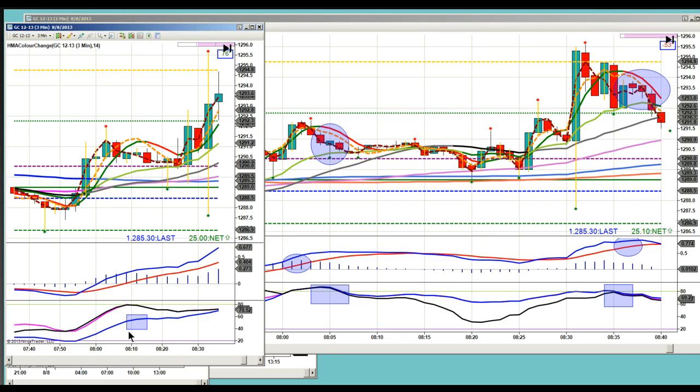If your 100 has not reached the 80 line yet, and this is what we're going to be looking to use when we talk about the trending, chances are the market's going to go higher. So you know that the fact that we have the 3-minute change in color here means we're going to have a little reversal, but it's going to be short-lived.